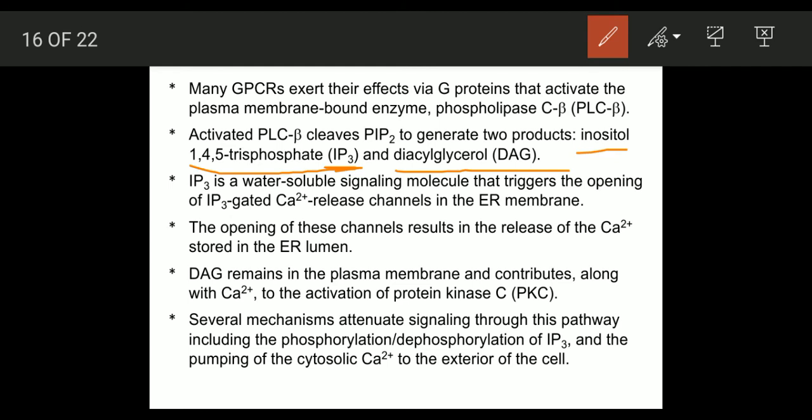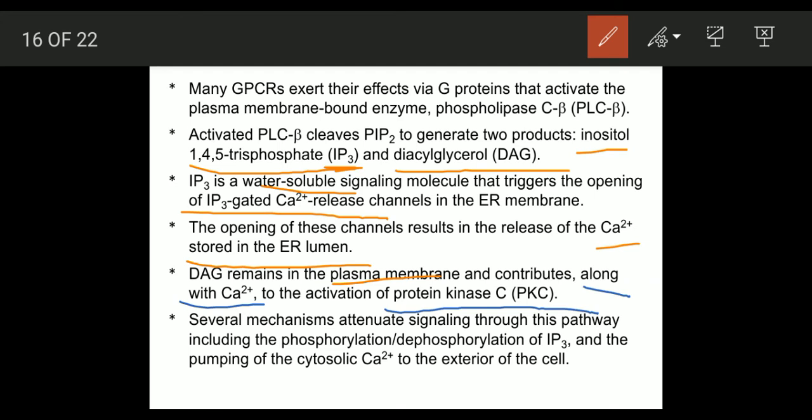Now IP3 is a water soluble signaling molecule that triggers the opening of IP3 gated calcium release channels in the ER membrane. The opening of this channel results in the release of calcium stored in the ER lumen. DAG remains in the plasma membrane and contributes, along with calcium, to the activation of protein kinase C. We'll discuss the further concept in detail as well.